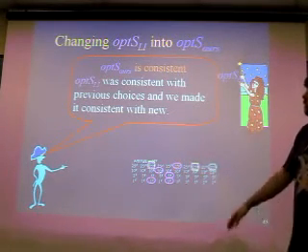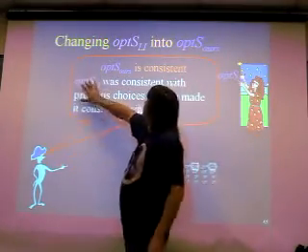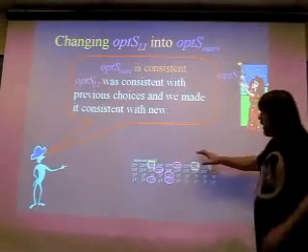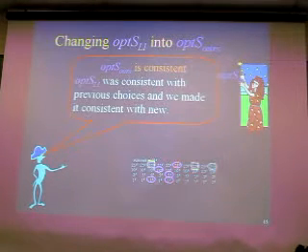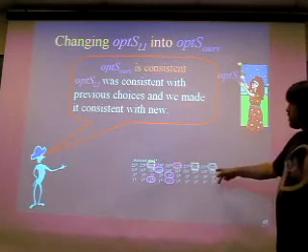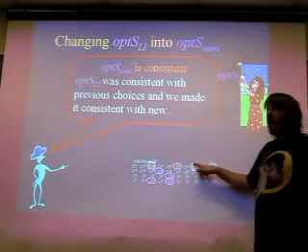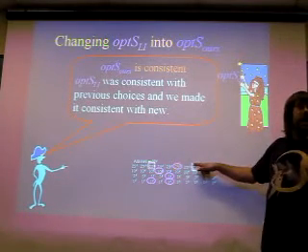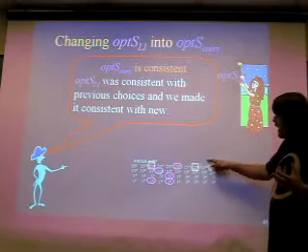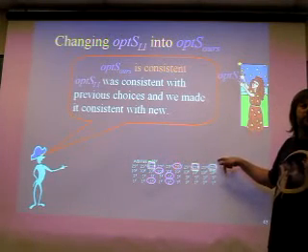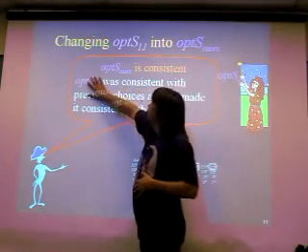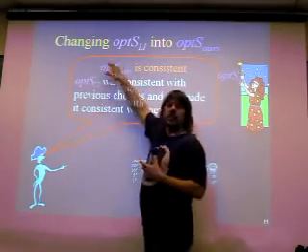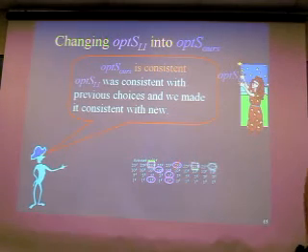So this was consistent, and we made sure that when we got her to do her changes, we didn't mess up this guy and this guy. We didn't mess up the previous things, and we made sure that we got this guy consistent too, right? So this was consistent with the previous choices, and this is consistent with the previous choices and our current choice, right? Does that make sense?